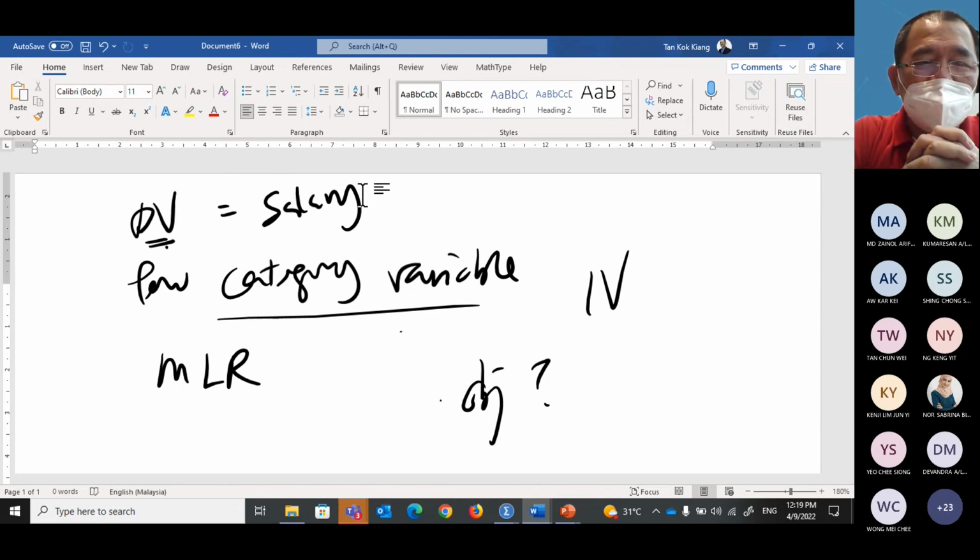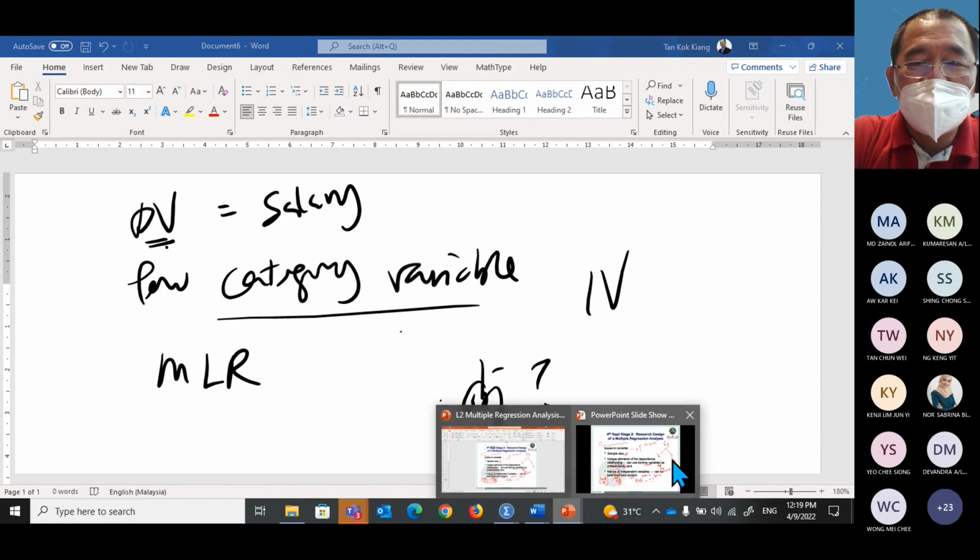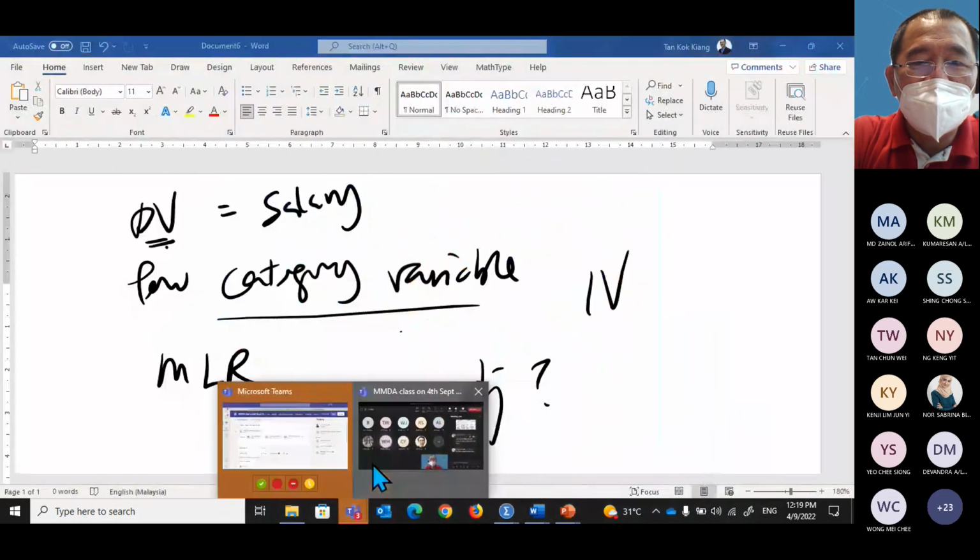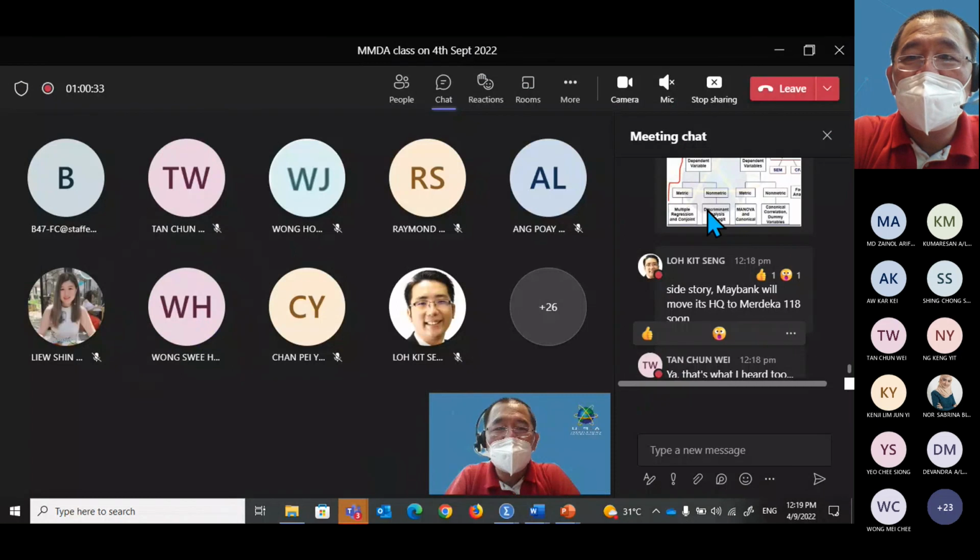My confusion is that according to this chart, if I want to use this MLR, the independent variable has to be metric, right? But right now, both gender and education levels are non-metric.